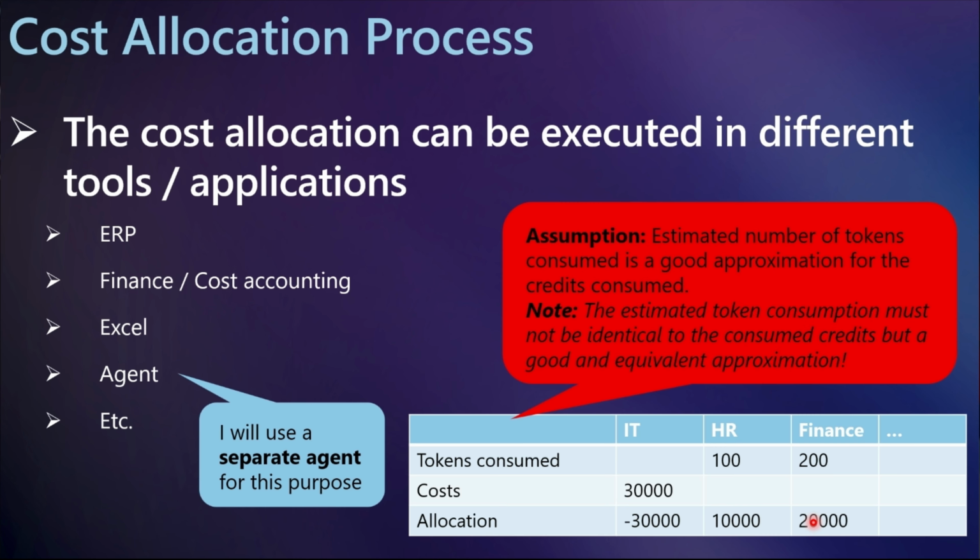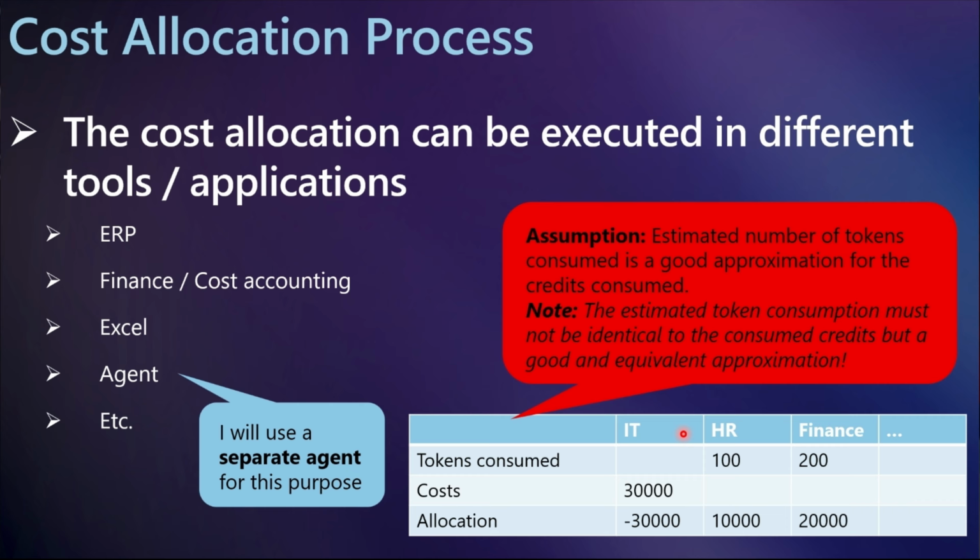And the assumption is that the tokens consumed, the estimation that I did, is a good approximation for the Copilot Studio credits consumed. That's something we need to have. It's the same if you say, hey, we are in cost accounting, we allocate the heating costs based on the number of people that are working in a department.